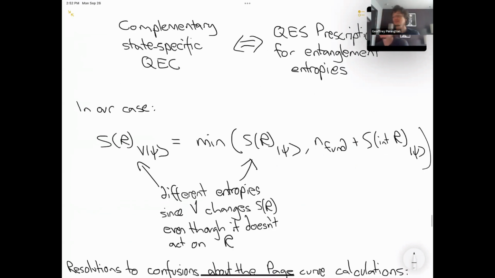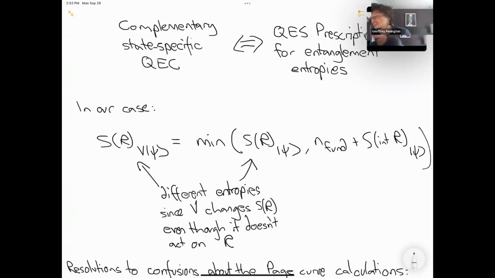So in our case, and you can compute this very explicitly using Weingarten stuff, pretty easy to do, the entropy of R, the Hawking radiation R, for the state V of psi, that's the fundamental state of the system, is given by the minimum over the entropy of the radiation R in the effective field theory state, and the number of qubits in B, that's roughly the area of the horizon, plus the entropy of R plus everything in the interior in the effective theory description of the state.